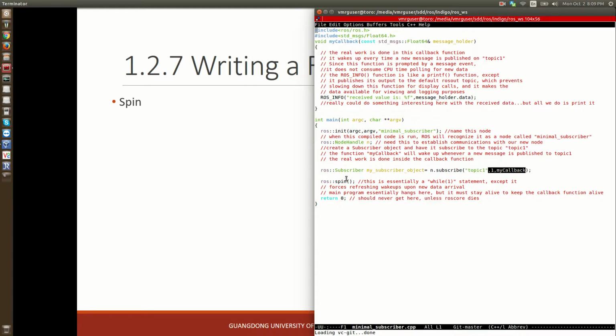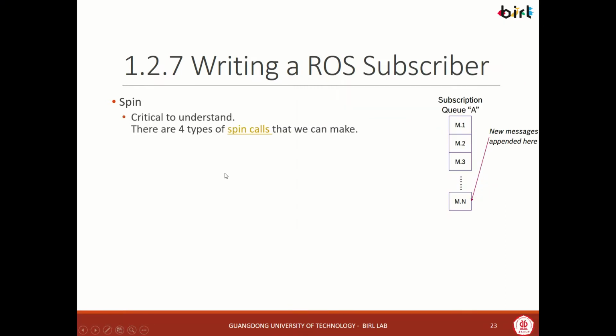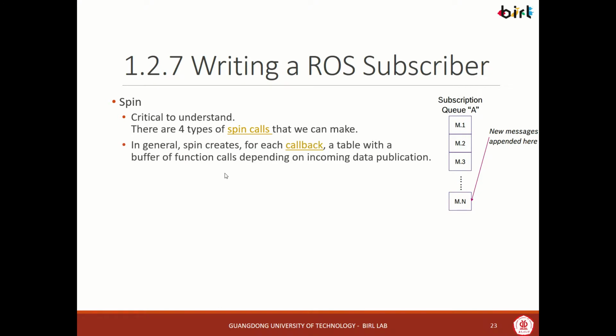Then we have this command spin that I want to introduce now here. Spin is something that is going to be very critical to understand, and sometimes can be a little bit difficult to process at the beginning. In general, there are going to be 4 types of spin calls that we can make. And what spin does is, for each callback, it's going to create a table with a buffer of calls depending on what data has been published.